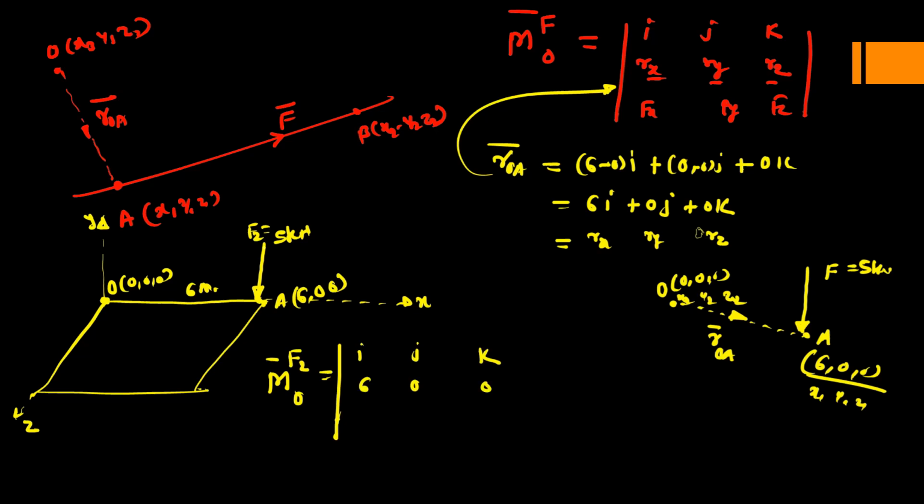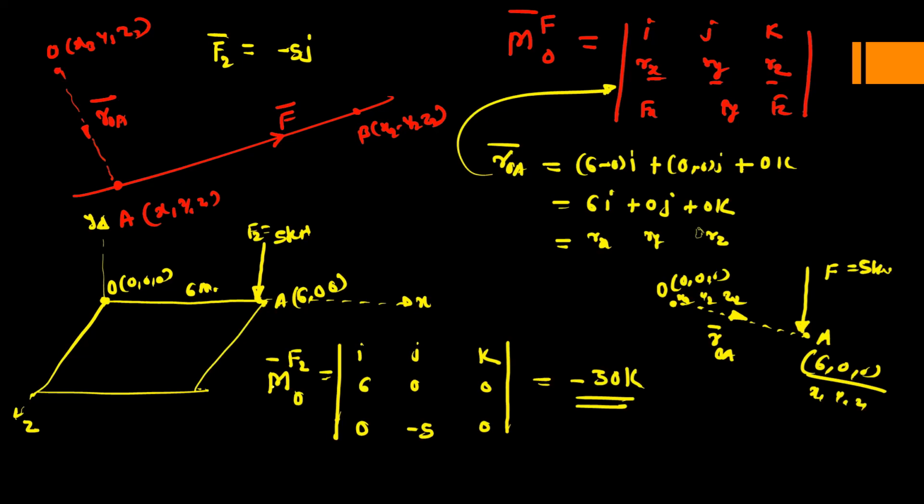So the force vector F2 bar is equal to minus 5j. So Fx is 0, Fy is minus 5, Fz is 0. Now solve this determinant. So you will get the answer as minus 30k. So this is only for the force F2.